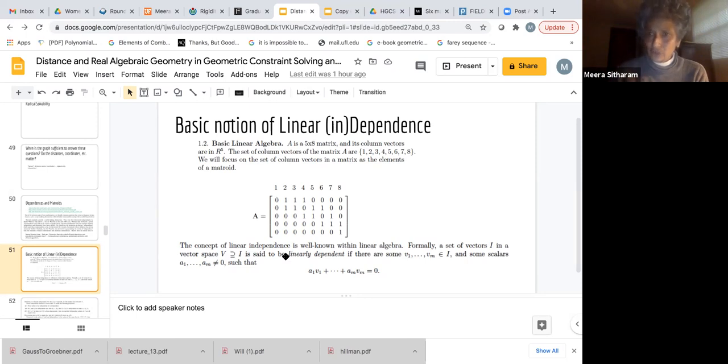I think Tony would have already talked about the rigidity matroid, which refers to linear dependencies. Really, it starts out not with the generic rigidity matroid, but if you think of the rigidity matroid of a particular framework where you write the rigidity matrix down, then you think about the dependencies between the rows of the rigidity matrix. These are ordinary linear dependence.